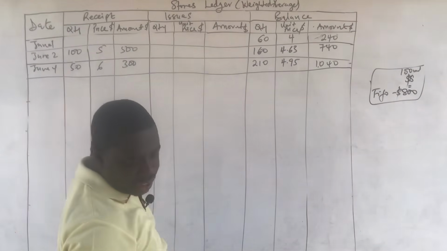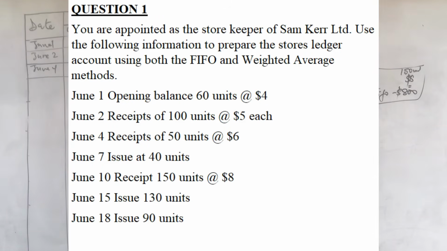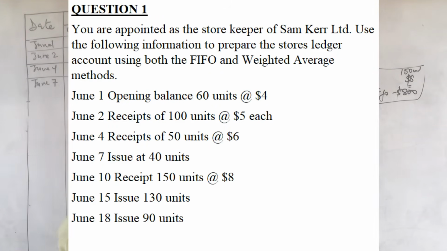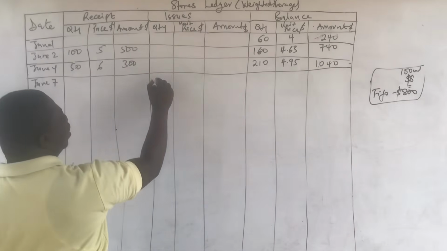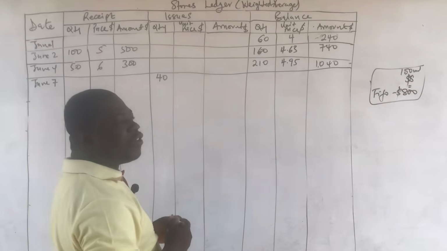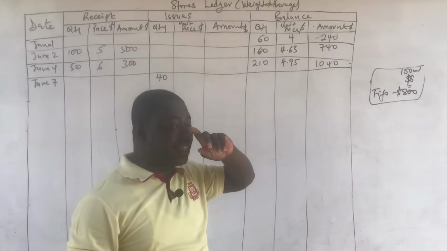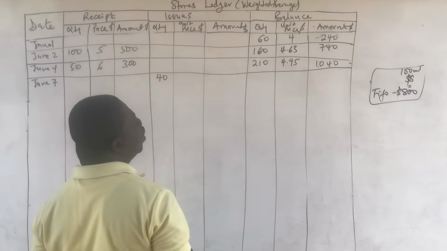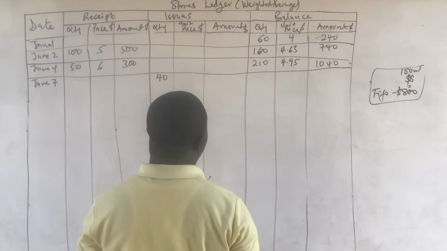And then you move to the next transaction, that is on the 7th. June 7th, there was an issue. We issued out 40 units. So now let's look at the issue in the weighted average method. Unlike the FIFO where you look for first in, first out, over here they are lumped together like that. So the 40 could be issued straight away from 210.